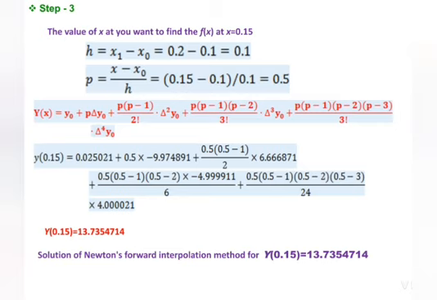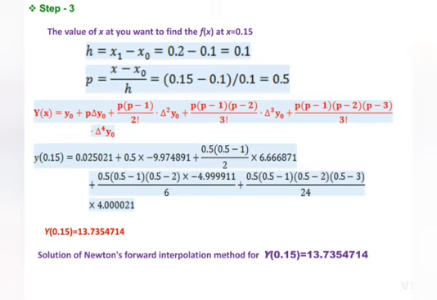x is the value which is mentioned in the question, that is, the value at which we are going to calculate the interpolation. 0.15 is the value x and 0.1 is the initial value, that is the topmost value in the table, 0.1, divided by h. p is equal to 0.5.